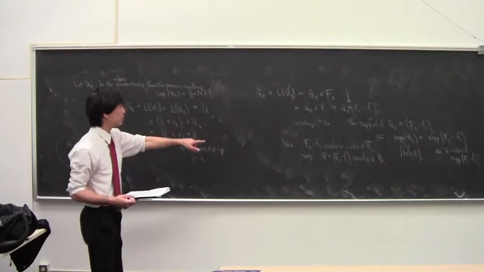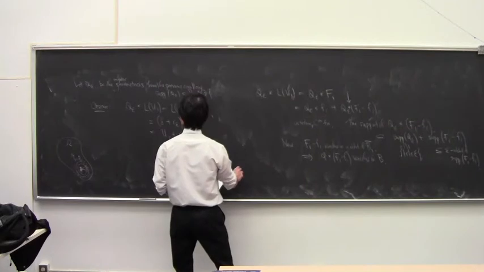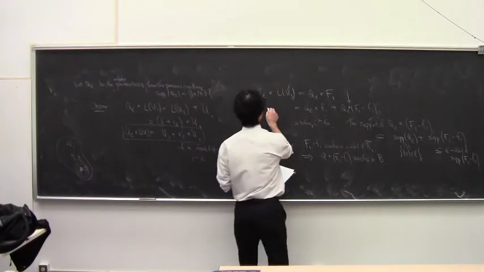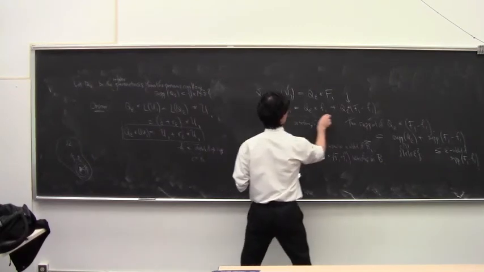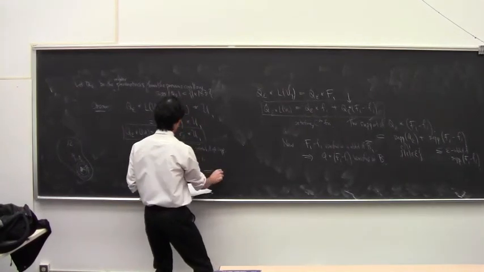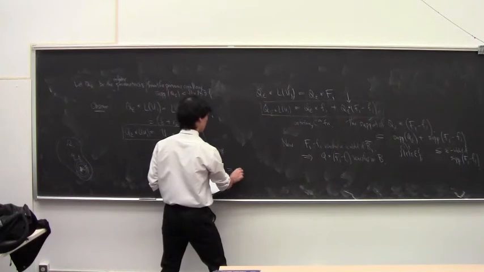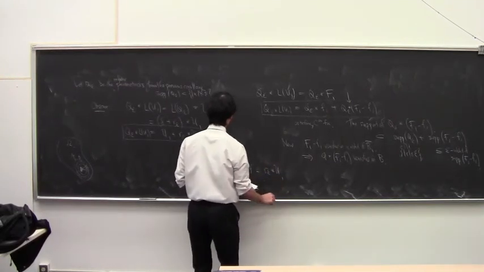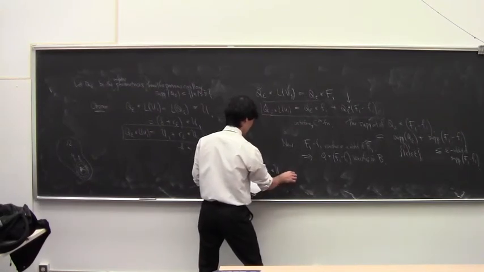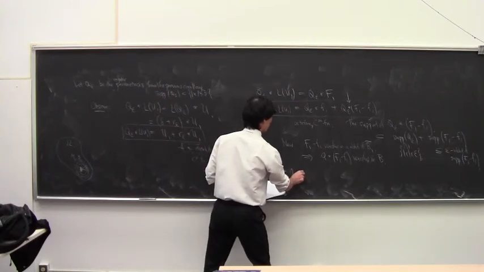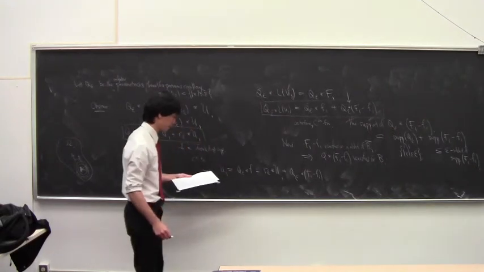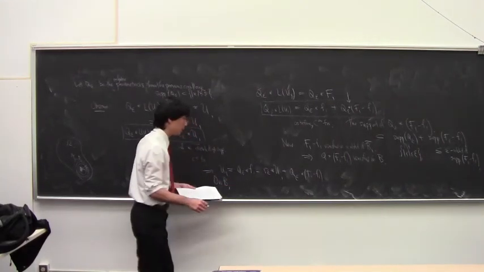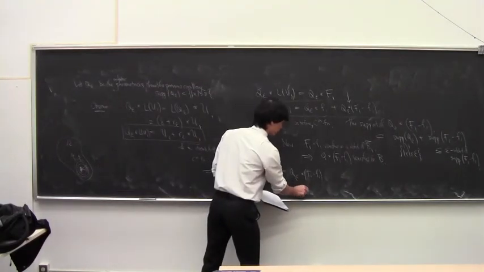Putting these two sides together, we get that U1 equals Q epsilon convolved with F1 minus R epsilon convolved with U1, plus Q epsilon convolved with capital F1 minus little f1.